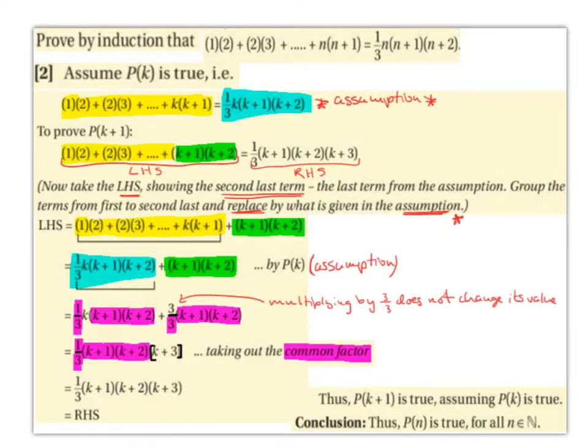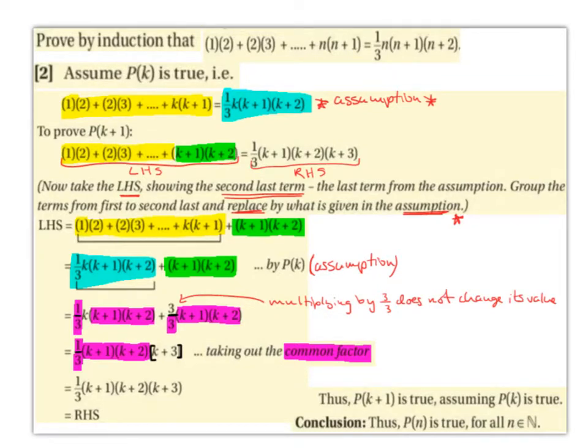But we still have our last term from the left-hand side, (k plus 1) times (k plus 2), so we still write that down. So we've swapped this for this because they are equal, and then we just bring down the last term from the left-hand side.